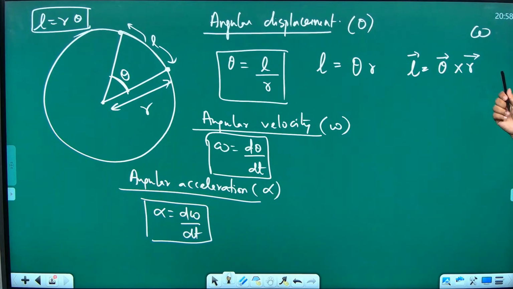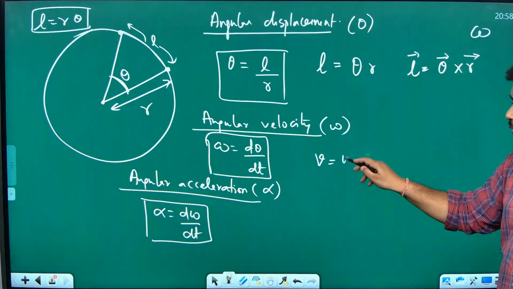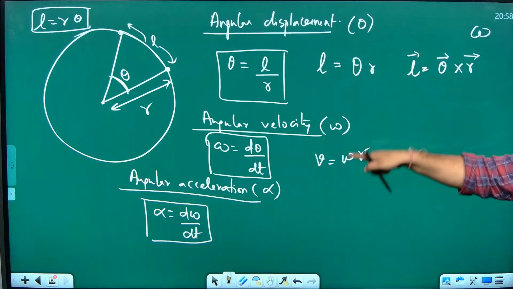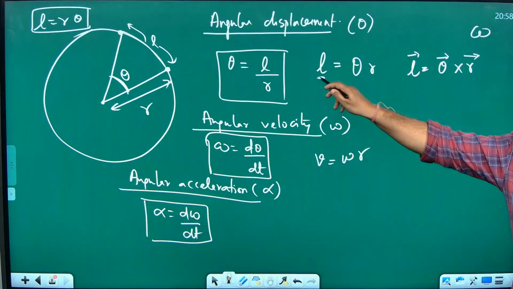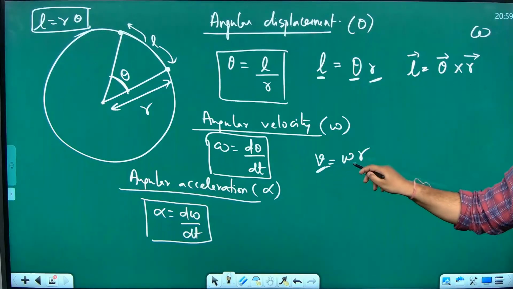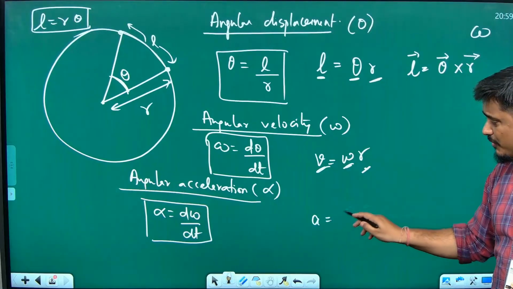So when you do the cross product of angular displacement and position vector, what do you get? Linear displacement vector. Same way, for velocity, velocity will become equal to omega into r. Same logic I am using. Linear component, angular component, radius. So acceleration will become equal to alpha into r.